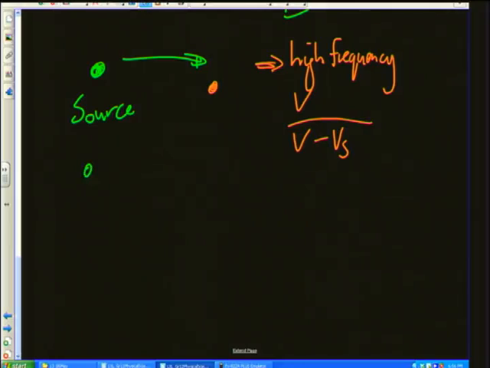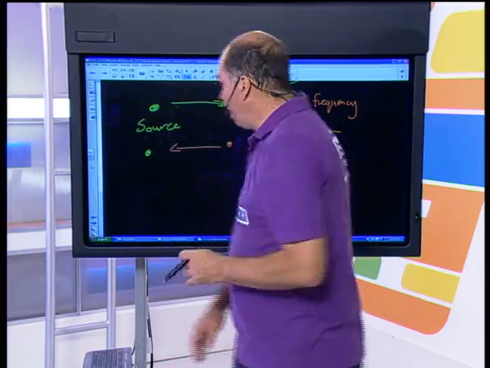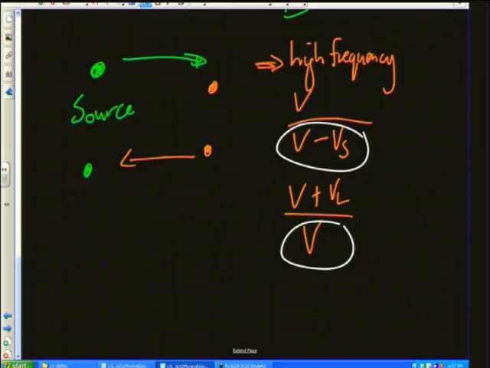If this was stationary and the object was moving towards it, then we would get V plus V observer over V. Now, I hope you can see in both those scenarios, the denominator is smaller. Has to be smaller. The reason that is the case is it's a higher frequency.